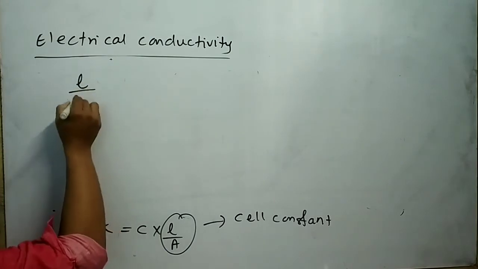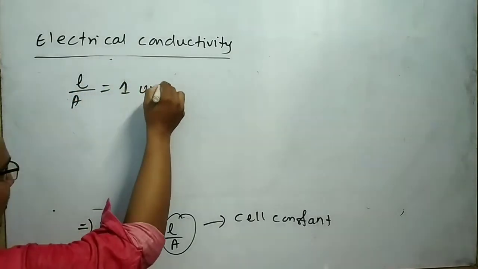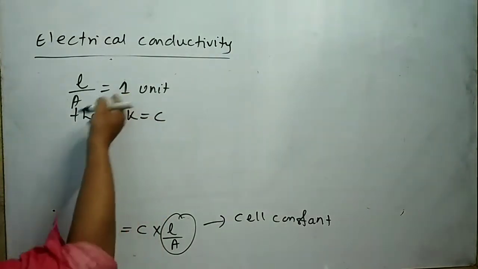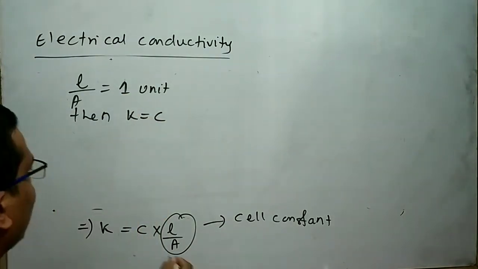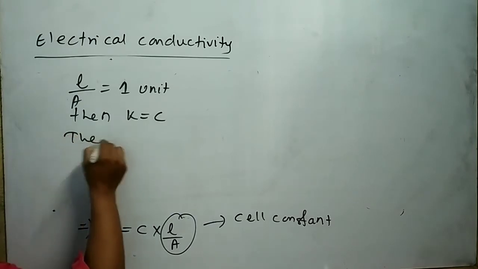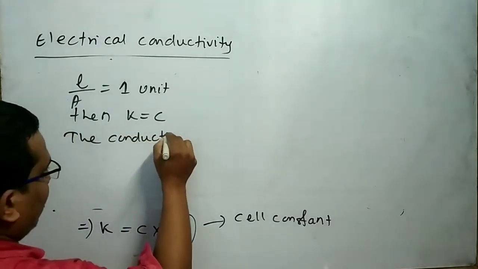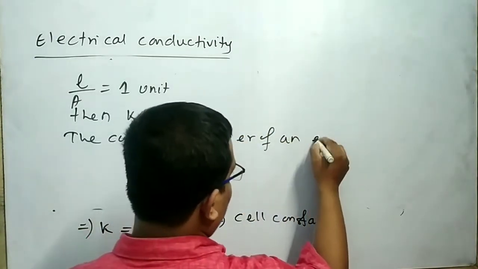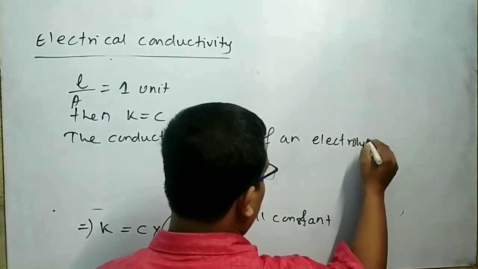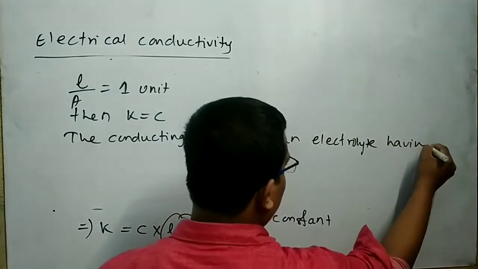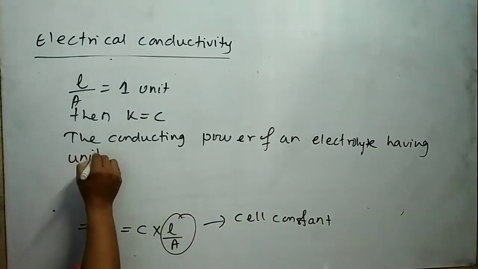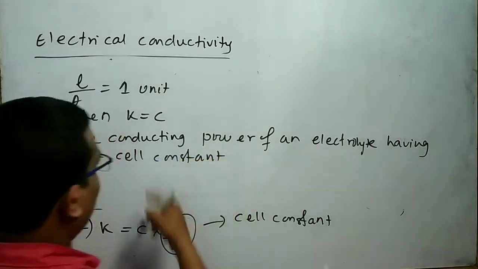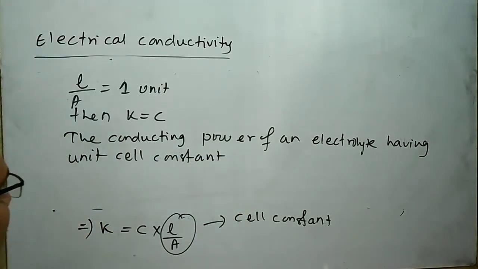If L by A is 1 unit, then K is equal to C. So we can also give another definition: the conducting power of an electrolyte having unit cell constant is also called specific conductance.